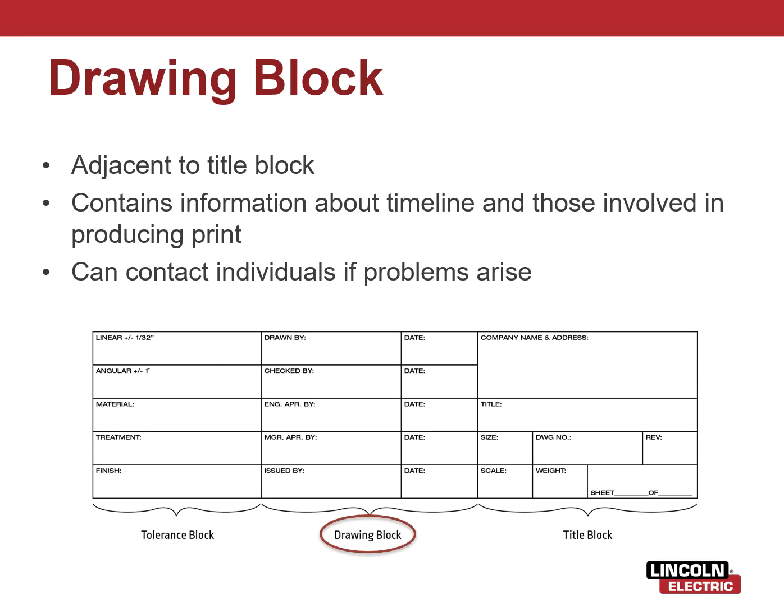So next is your drawing block. Right next to the title block, this contains the information and timeline about who had their hands on this drawing. That way you can contact these individuals if you need information, or if something arises and court's calling. You're going to have your name signed to this, right?